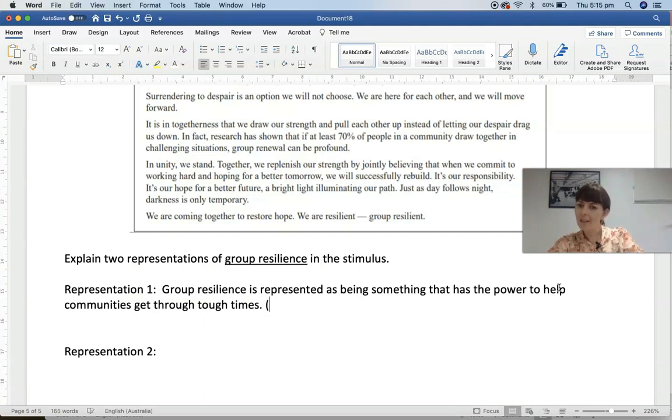And when I talk about that representation, I'd be talking about the dark and light metaphor and this word bright light illuminating our path. So I might extend on that idea that the speaker is describing group resilience as something that can help us get up and get out and get through the dark times.